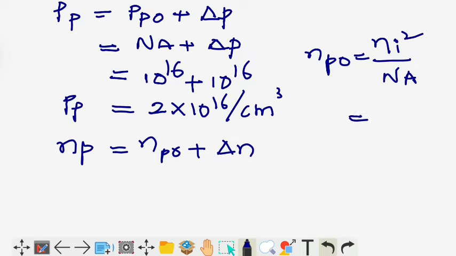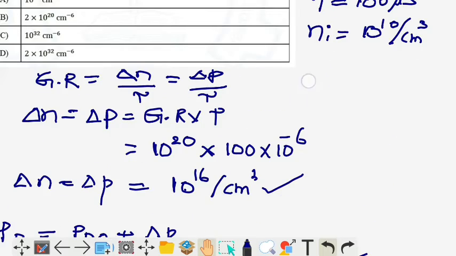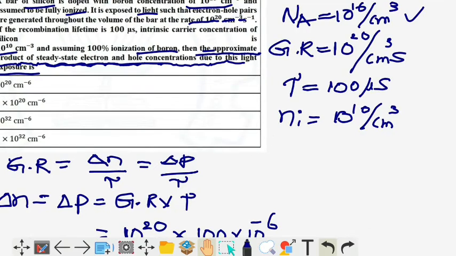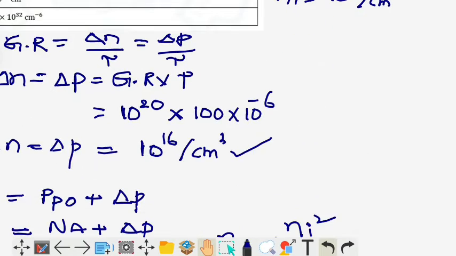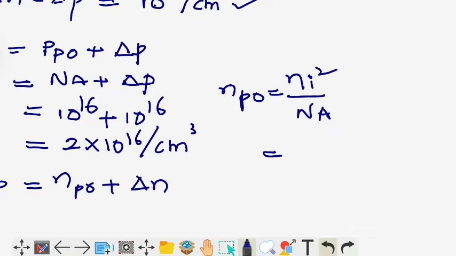So np naught is ni square by Na. What is ni square? In the question he already mentioned that ni is 10 to the power of 10, so that becomes 10 to the power of 20 when you square it, and Na is given as 10 to the power of 16.